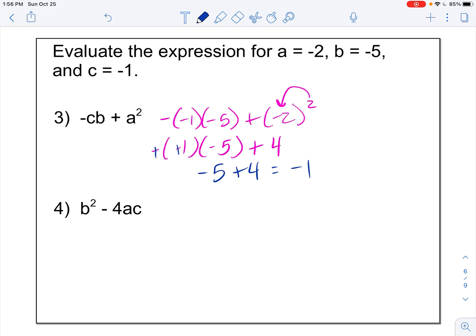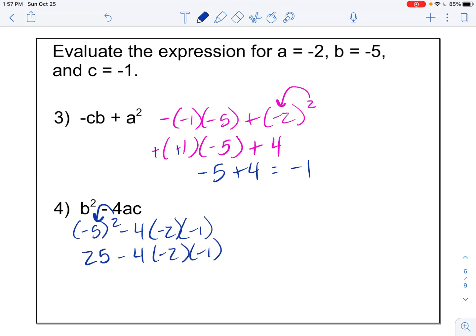So here's B squared. B is negative 5. I'm going to square it. Minus 4 times A, which is negative 2, times C, which is negative 1. No parentheses. They're just there to capture the negative. I do have an exponent. So negative 5 times negative 5, that is 25. I'm just going to rewrite everything else.